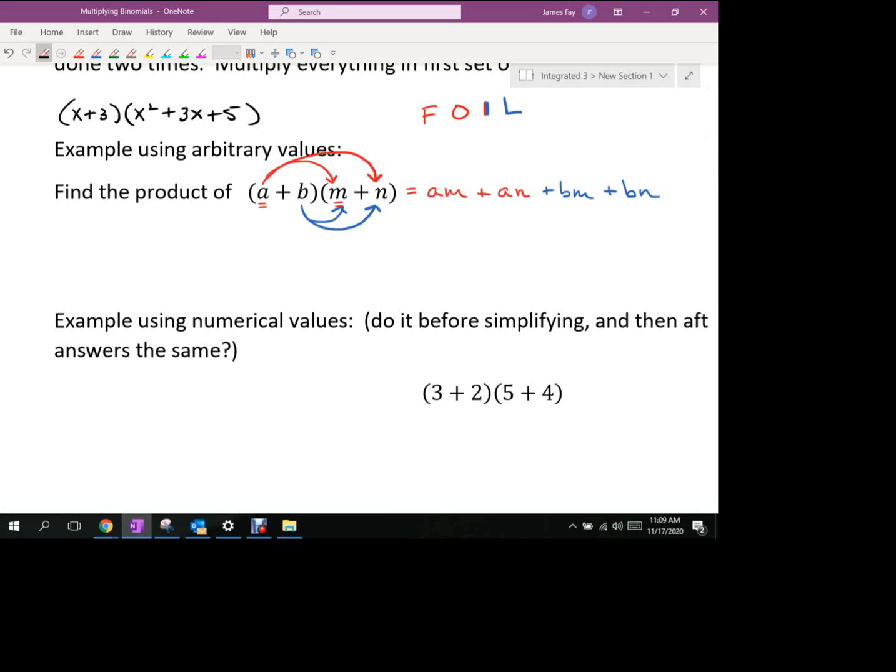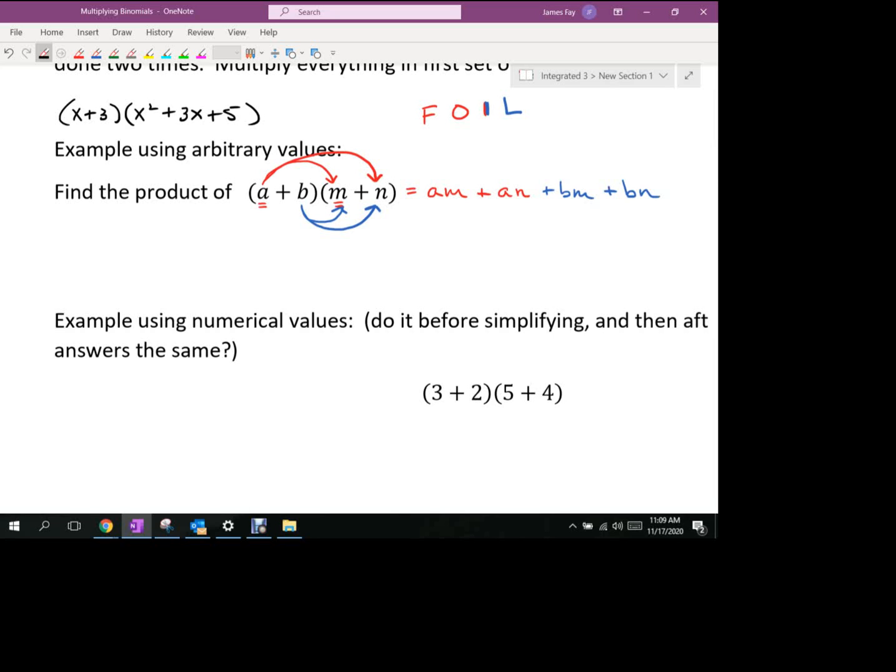The way I do that multiplication is I distribute the x in the x plus 3 parentheses. I multiply that by everything that's in the second set of parentheses. And then I take the 3 in that first set of parentheses, and I distribute it to the second set of parentheses. And it's exactly the same way that we do a binomial times a binomial.